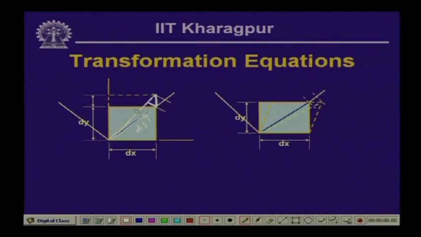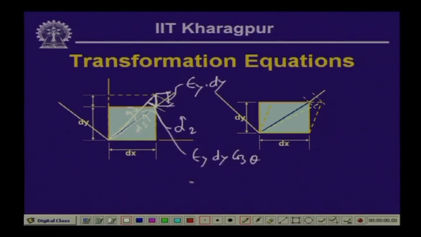Let us call this angle change alpha 2, and this angle change is in an anticlockwise form, whereas in the previous case it was in the clockwise direction. The horizontal stretching of this particular element is epsilon y dy, as we have seen, and this particular angle is theta. So, this stretching is equal to epsilon y dy cos theta, and that divided by the original length d s will give the value of angle alpha 2.